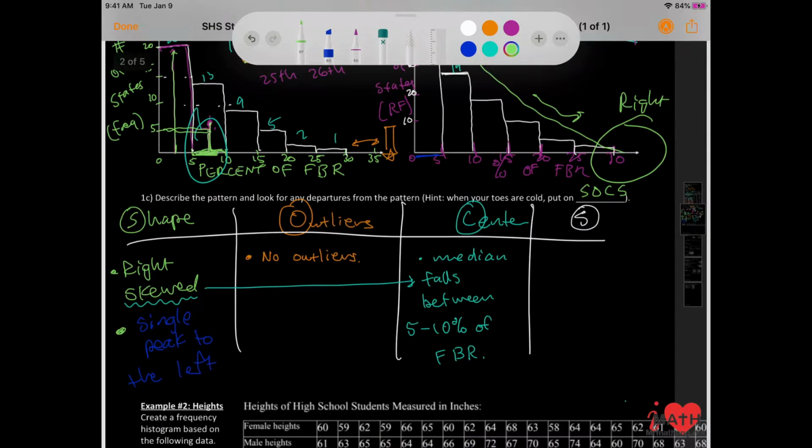Okay? And the last one, what is our spread? What is our spread? Like jam, like butter, right? I notice that the foreign-born percentage varies between, how far do we go?